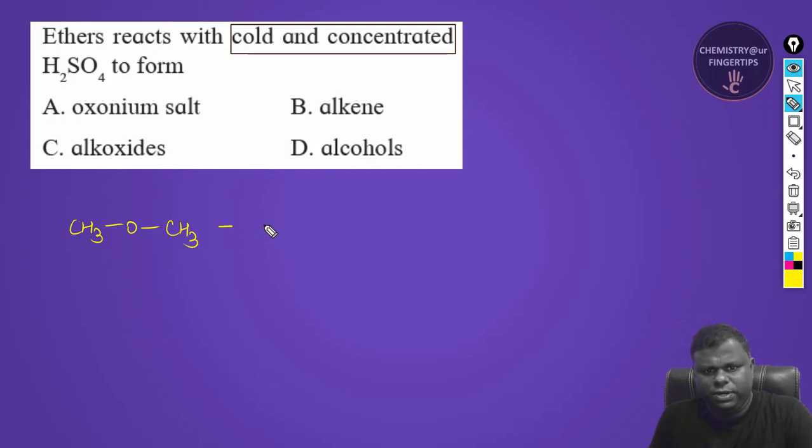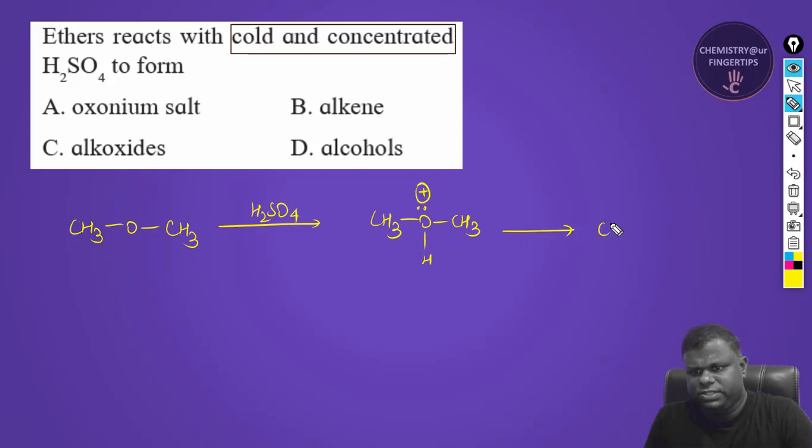Now this is going to react with cold and concentrated H2SO4, as a result of which the initial step is going to be protonation. So you have CH3OCH3, and there is going to be an H on the oxygen. Now if you look here, water is going to attack over here, correct?